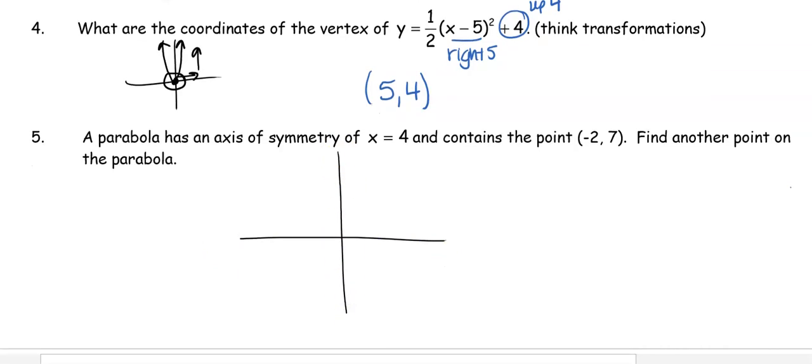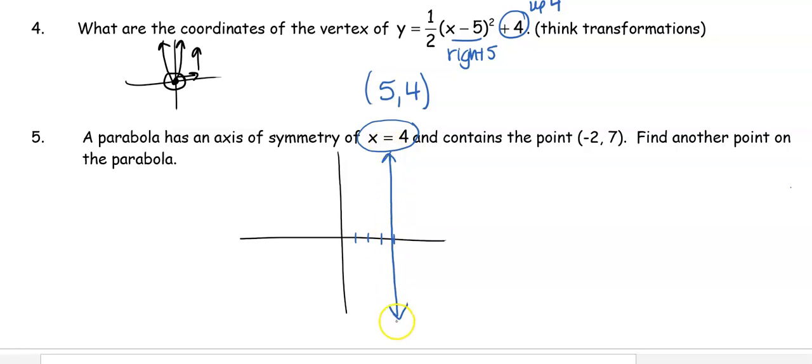We have our little xy grid here. What I do know is that I have an axis of symmetry at x equals 4. 1, 2, 3, 4. So I have this imaginary line at x equals 4 cutting my parabola in half. And I'm going to use the idea that my parabola is symmetrical.